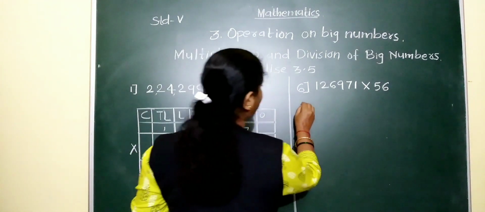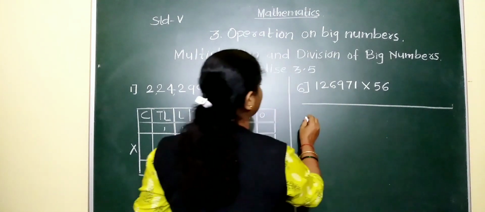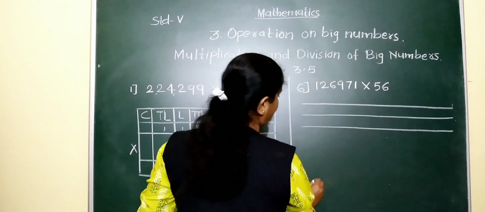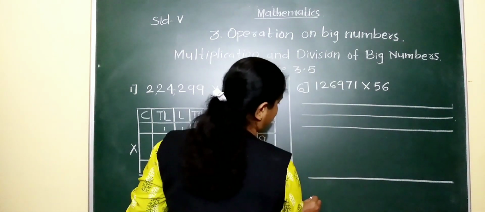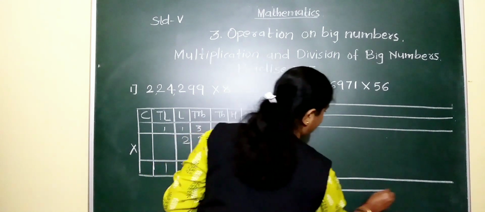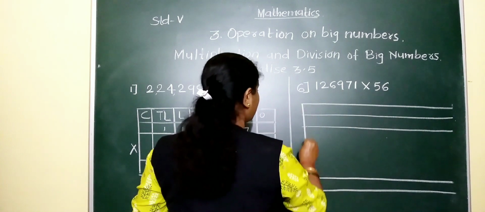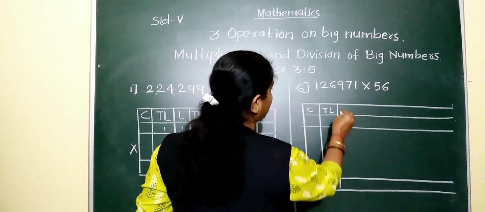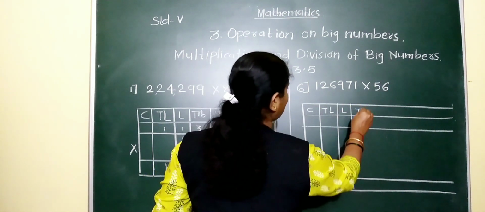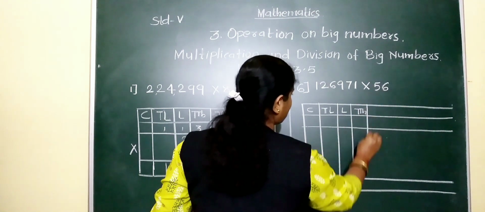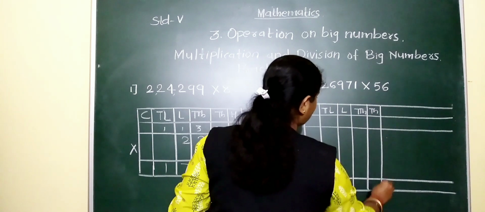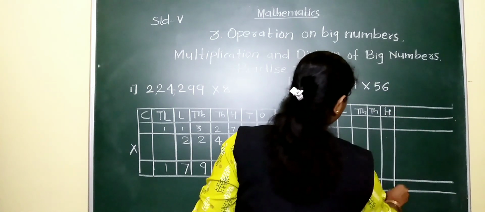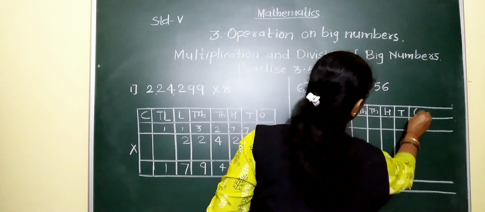So here again I will draw columns: 10 lakh, 10,000, 1,000, 100, 10, ones.